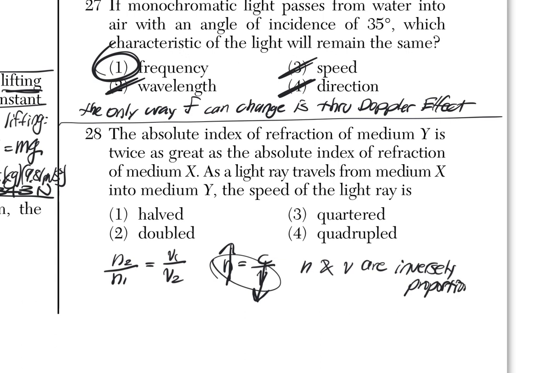So if I double the index, I'm going to have half as much speed because they're inversely proportional. So the speed of the light ray in medium y with twice as much index is going to be half as fast. Choice 1. And again, you can reason it out with the relative index and speed equation. I honestly think that knowing that n and v are inversely proportional is an easier way to look at that.